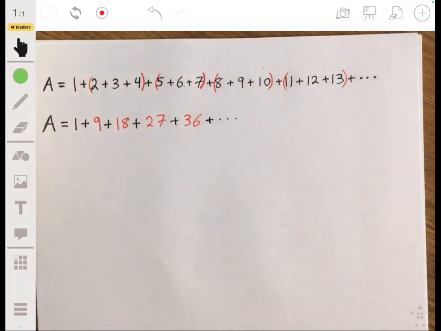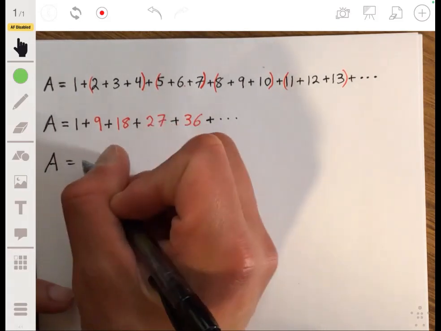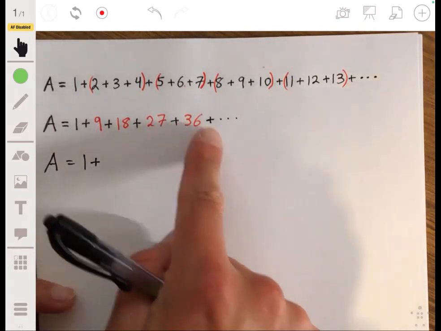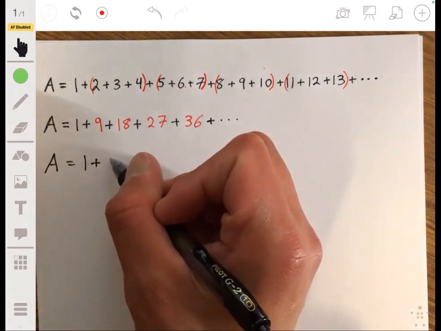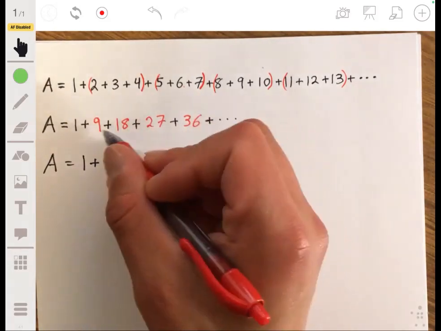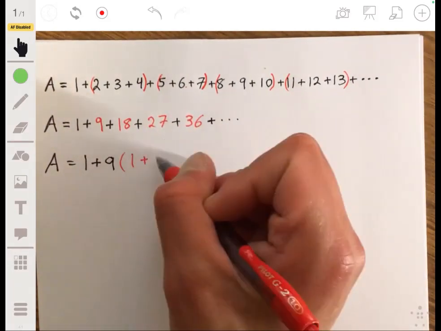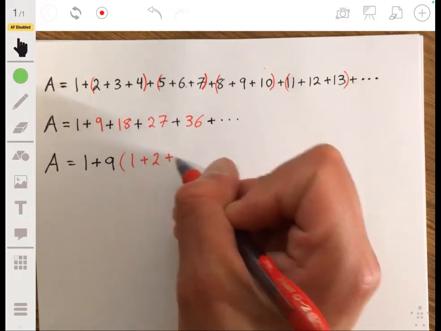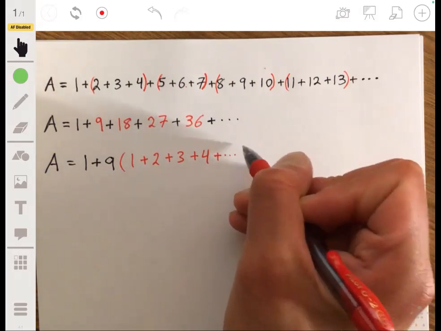And then working this out, let me now factor out a 9 from this group here. So you have 9 times 1 plus 2 plus 3 plus 4 plus and so on.